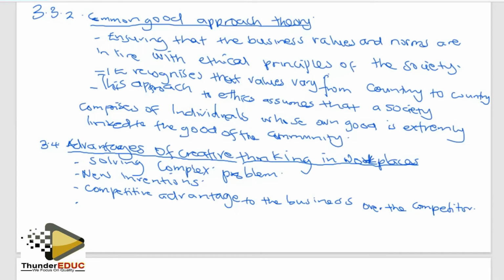So it increases employees' confidence, as they have come up with something very new. Confidence for sure, not competence.